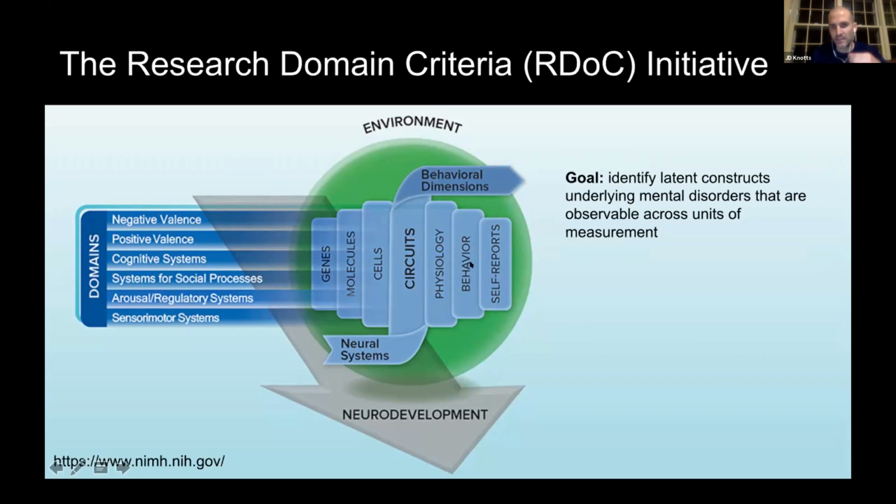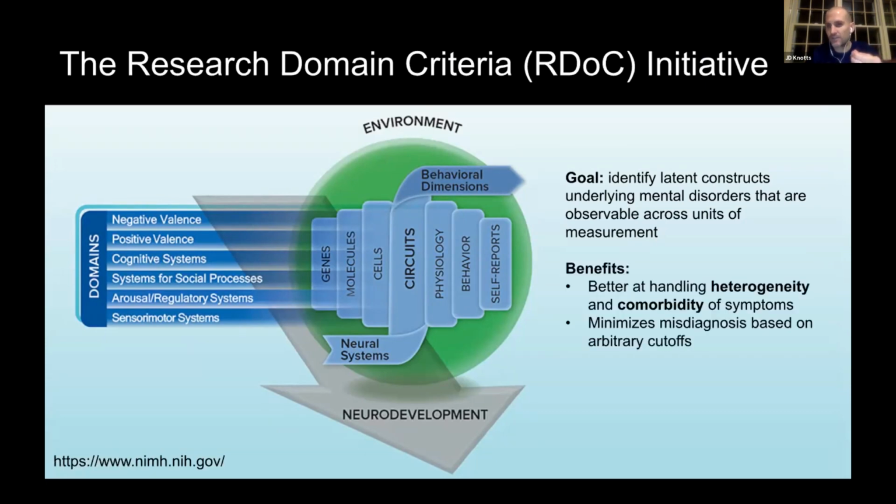And the goal is that if you can identify these latent constructs across these different levels of measurement, then the resulting dimensional picture that you get of mental disorders should be better equipped to handle things like heterogeneity or comorbidity of symptoms than standard symptom-based diagnostic procedures, which can suffer from things like misdiagnosis based on some arbitrary cutoffs. So if someone's just under a symptom cutoff, you may misdiagnose them.